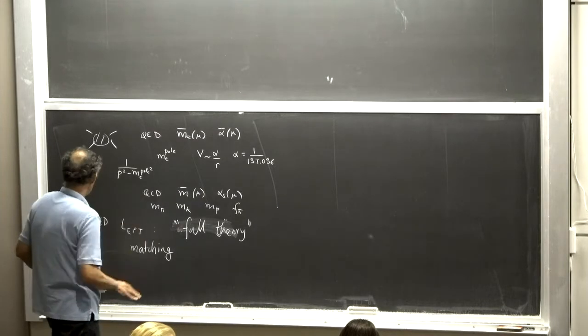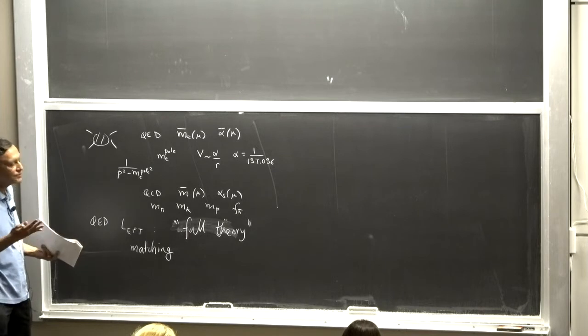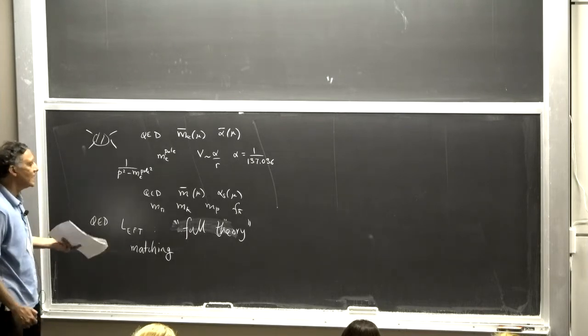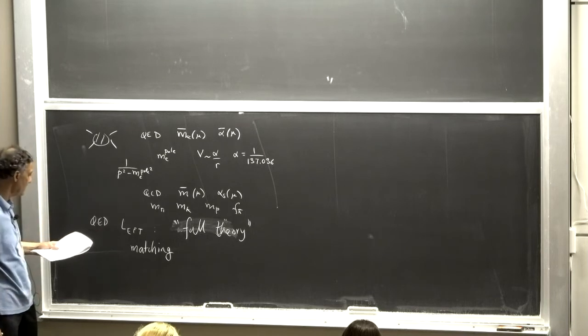And then a couple of points which I mentioned already. The EFT and the full theory do not have to have the same degrees of freedom. So for example, QCD can match onto chiral perturbation theory, and you go from quarks and gluons to mesons and baryons.